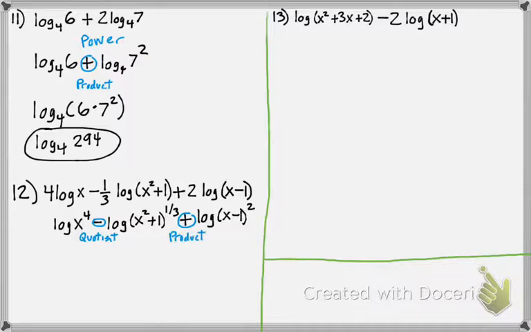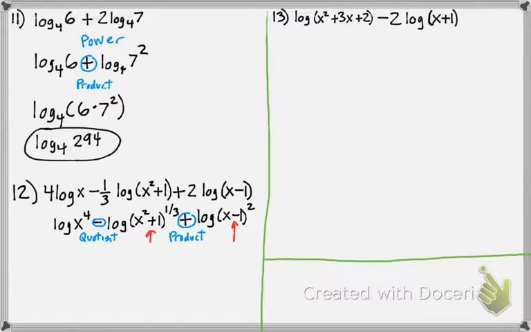So you can really only use the quotient and the product rule when it comes to the subtraction signs and addition signs that are in between the logarithms. The plus sign that's here and the minus sign that's here, those aren't really doing anything when it comes to the properties.